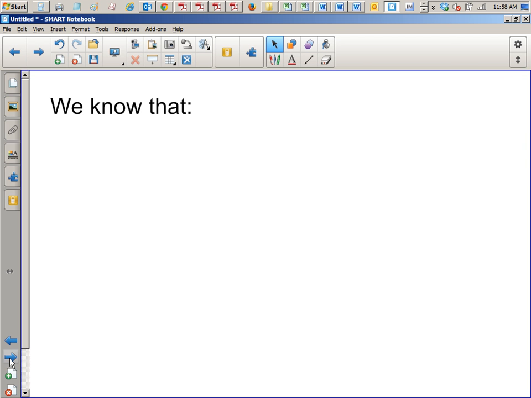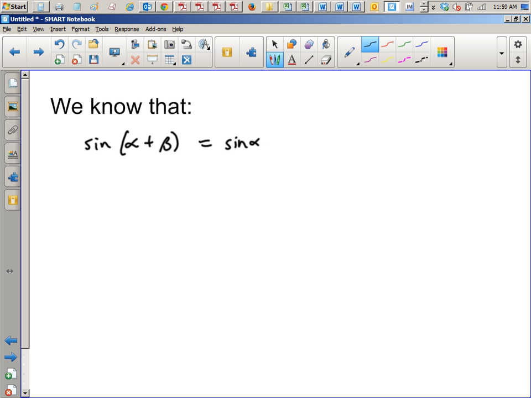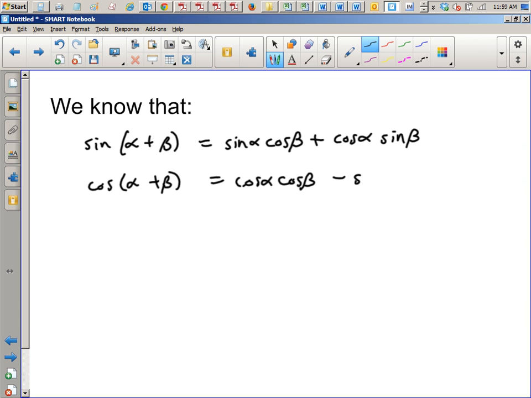Okay, we already know from yesterday that sine of alpha plus beta is sine alpha cos beta plus cos alpha sine beta, right? And we know that cosine of alpha plus beta is cos cos minus sine sine.